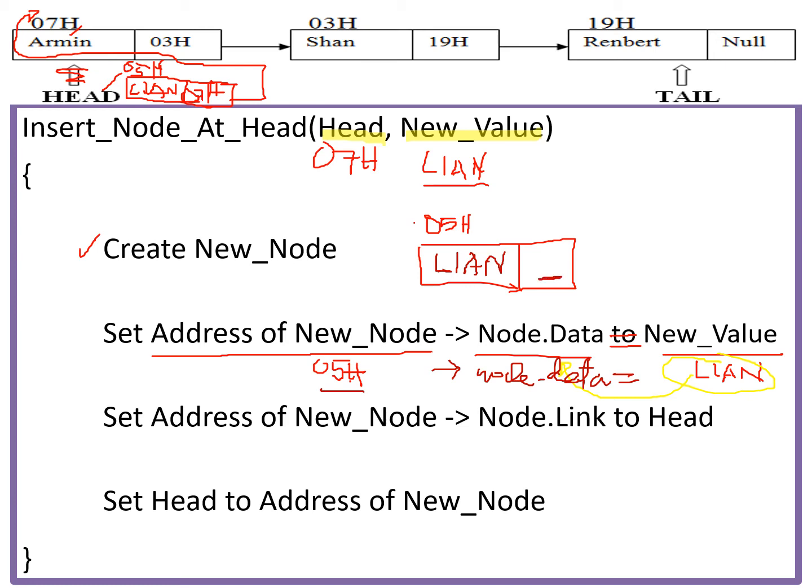We're going to assign value for this. The value should be the value of the head. So that means we're going to assign the value of head to node.link of the address of new node. Again, head is 07H. So head, 07H, is equal to node.link of the address of new node.